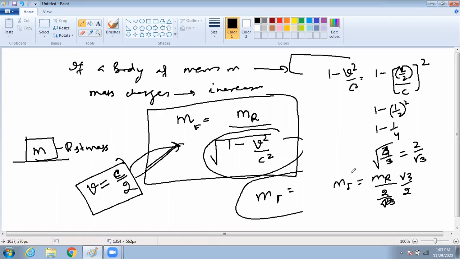So MF equals MR divided by root 3 by 2. This goes up, so MF will be 2 MR by root 3. Understood? Clear?